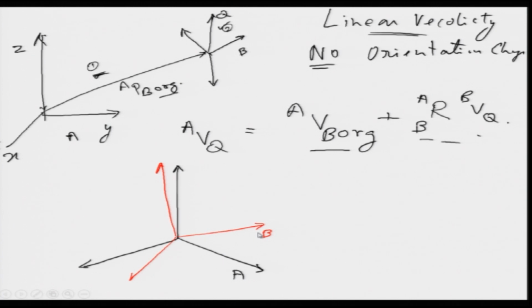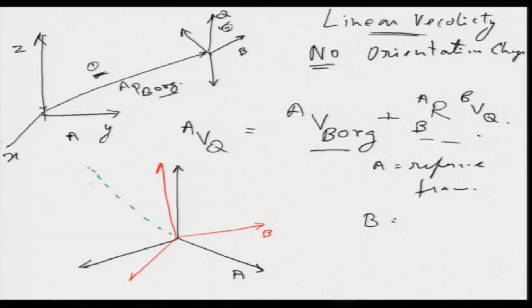Now, if we say that A is the reference frame which does not move, and B is the frame which is rotating about an axis, let us call this the axis here.